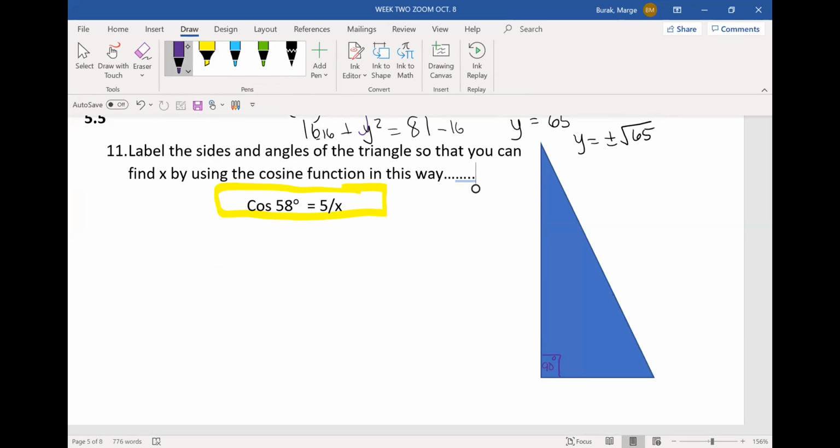And I'm going to have to put either 5 or x here, 5 or x here, 5 or x here. When I set up an equation to solve for x, it's going to be cosine of 58 degrees is 5 over x. So you want to put the 5 and the x and the 58 somewhere on that triangle.